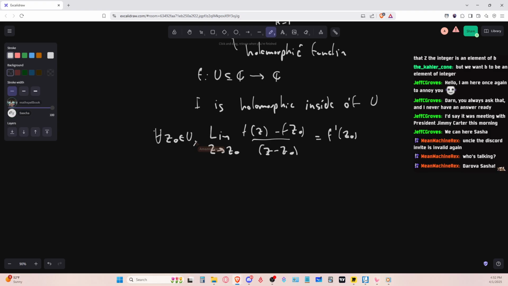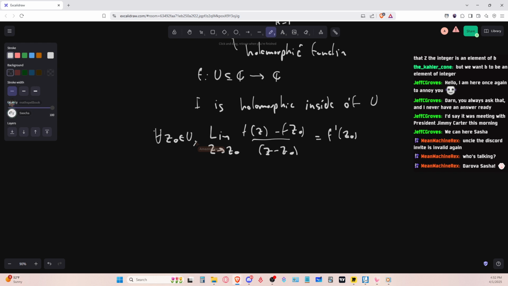And even if you have all your derivatives, it does not mean the function equals its Taylor series; there are famous counterexamples to that. So holomorphic functions, or analytic functions as we also call them, are rod of steel. They're super rigid.